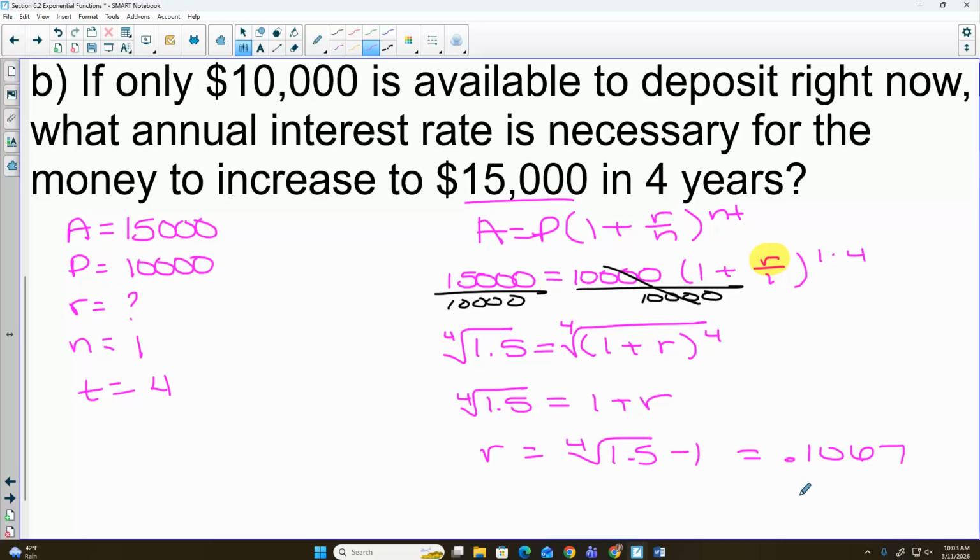This is the interest rate, so it's R. Don't round to just 2 decimals, keep a few more. So if I keep 4, 0.1067, or you could say 10.67%. So we don't have to just solve for the same variable every time in these. I could ask you to solve for any of them at this point. All right. Is that one okay with everyone?